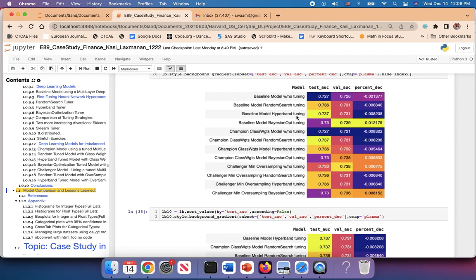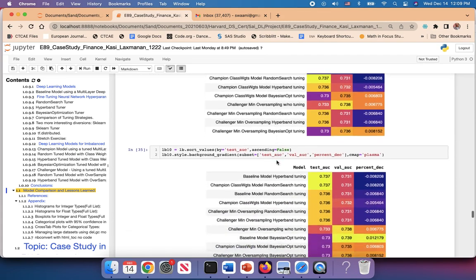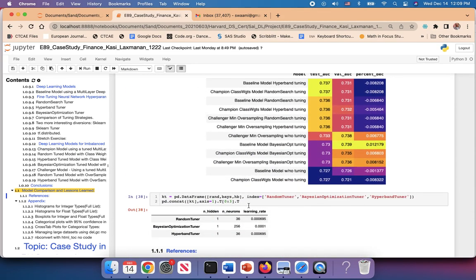One is that in this case, the Adam optimizer does a very good job across all of the scenarios when we compare it to stochastic gradient descent. Secondly, models with the smaller number of layers and many neurons do a pretty good job with respect to test accuracy or test AUC in this case, when we compare models with many layers and many neurons.